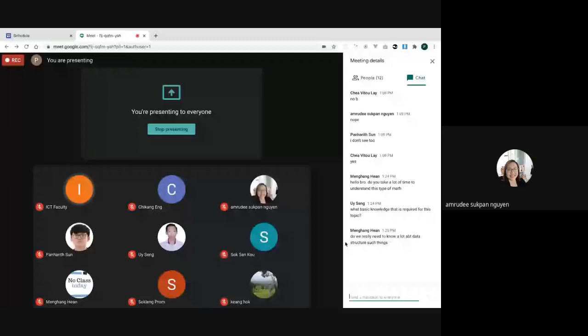Hi, Panharith. Can you tell us a little bit about the research or project that you are working on right now? Currently, my research at Hunan University is focusing on the recognition of container numbers, the number of a container that is presented in a picture.